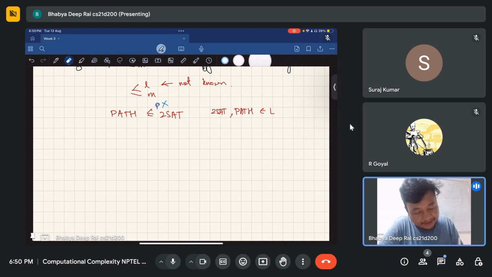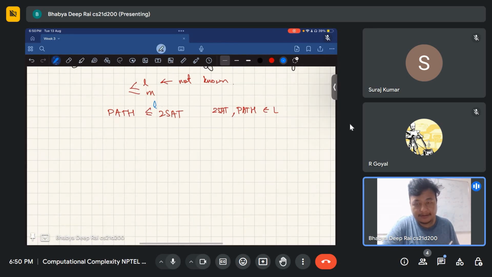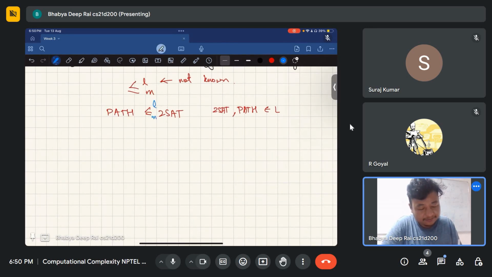A more interesting result is that PATH reduces to 2-SAT in log space reduction. That's why NL-complete languages are talked about with log space reductions instead of polynomial time reductions, because NL is contained in P.